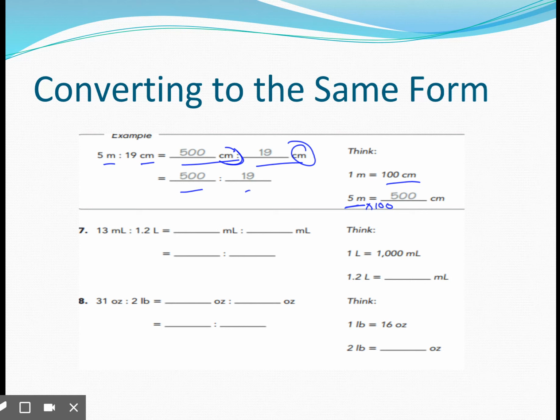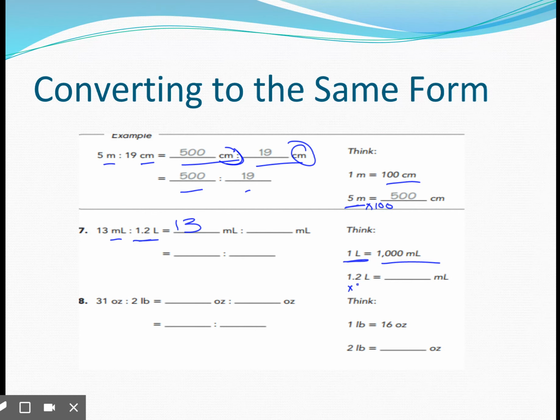In number 7, we have 13 milliliters to 1.2 liters. Okay, so in 1 liter, there's 1,000 milliliters. So I'm going to keep my 13 milliliters here and convert my 1.2 liters into milliliters.